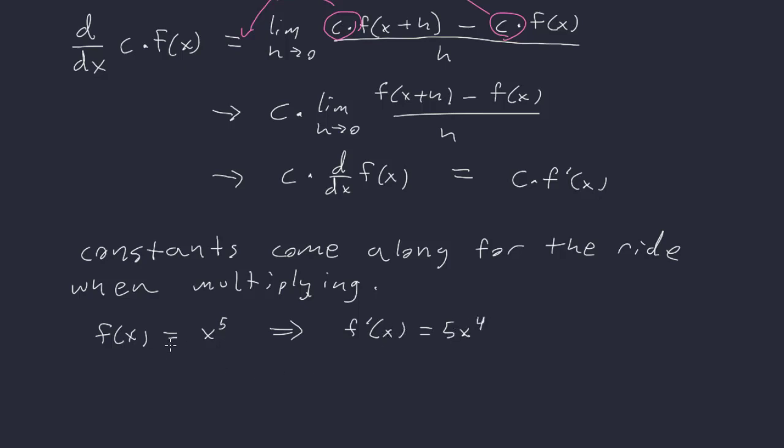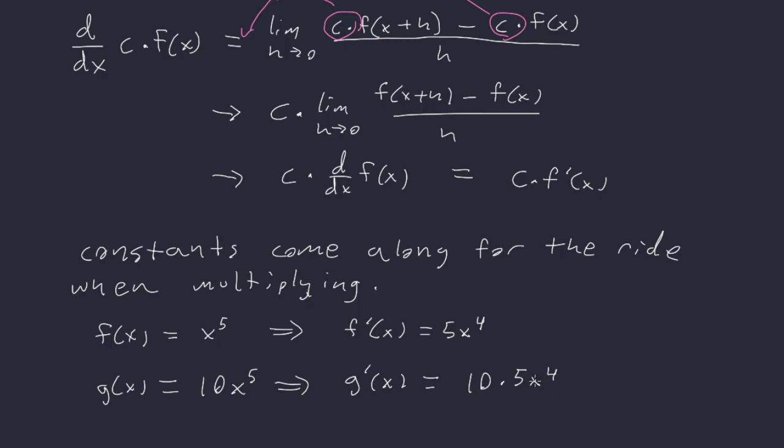What this means for us with the constant multiplication is that if we have this other function, let's say g of x is 10 times x to the 5th, then g prime of x, well, the constant just comes along for the ride, and then we just multiply by whatever the derivative of x to the 5th is, which is 5x to the 4th.